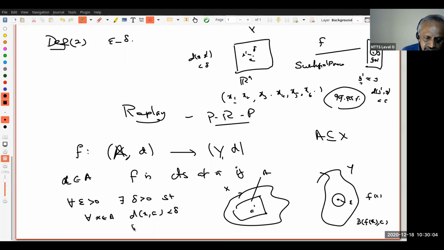This is the same as saying x lies in A intersection B(a, delta). You understand this? Open balls you have seen. So this is my a, this may be my delta ball, and I take only these points.